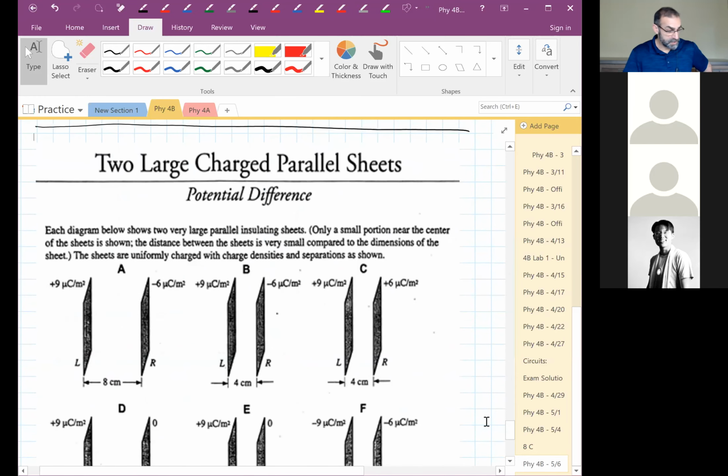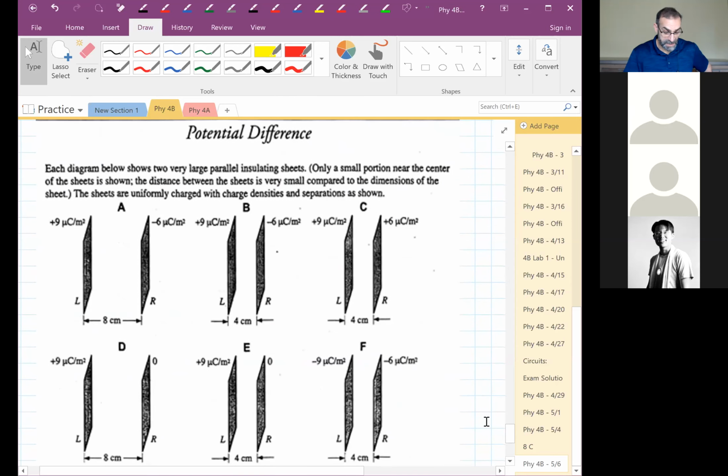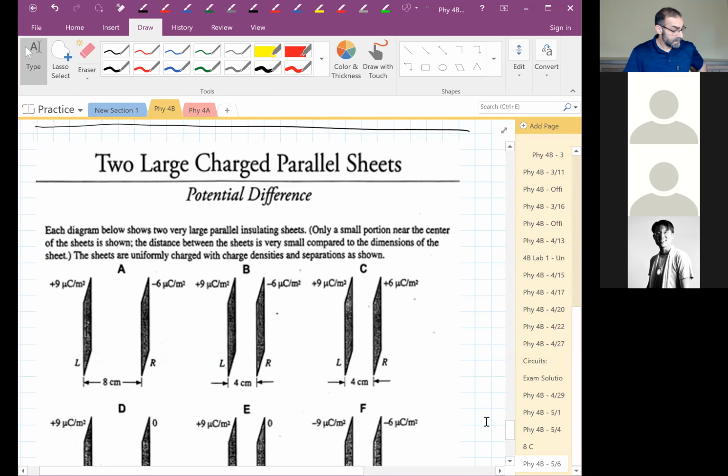Let's take a look at this situation. We'll just do A. We don't have to do it 6 times. So what I'd like you to do is find the electric field between the plates. Actually, what are we doing here?